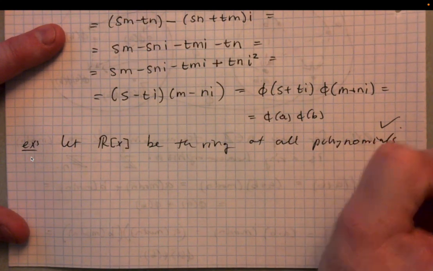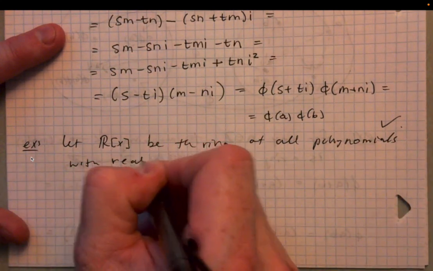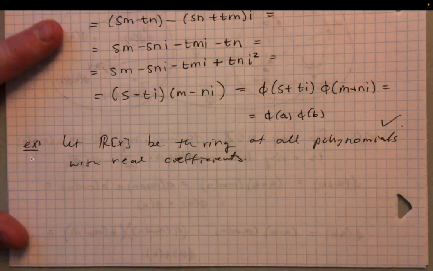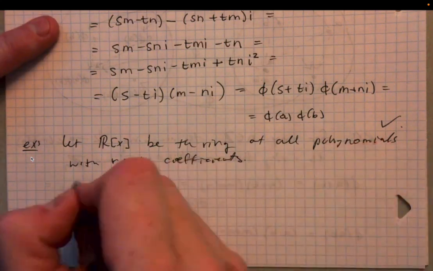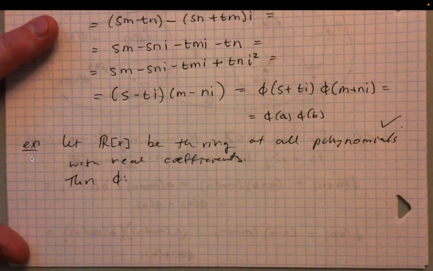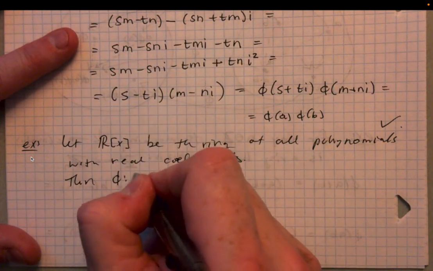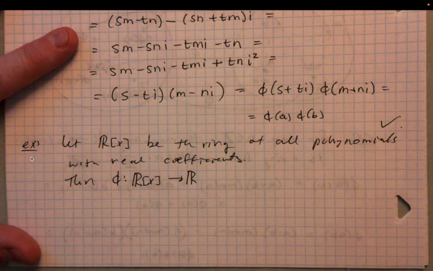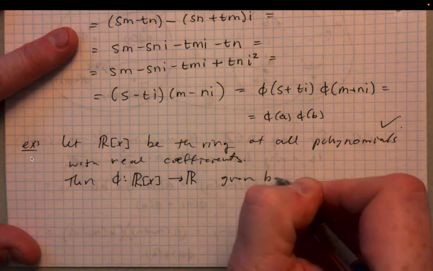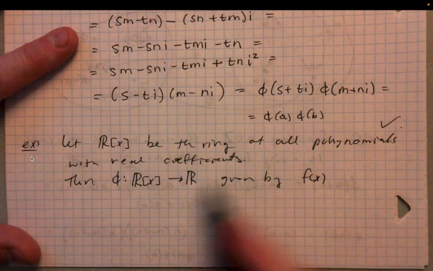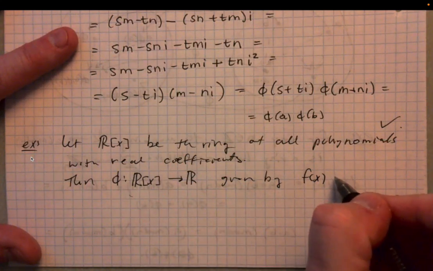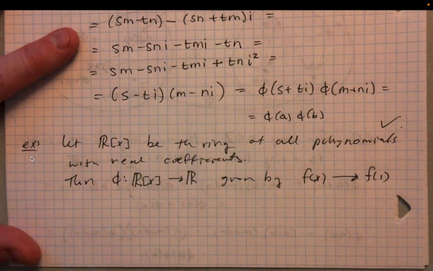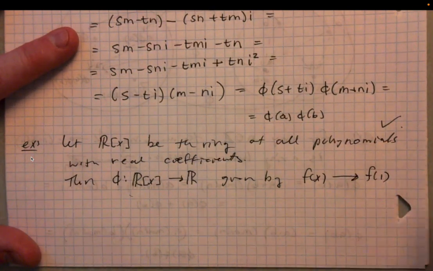Then, right, the mapping phi from R of x to the real numbers given by f of x, so some polynomial with real coefficients, maps to f evaluated at 1. This is a ring homomorphism.